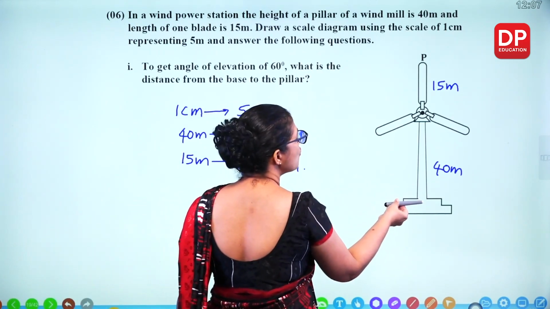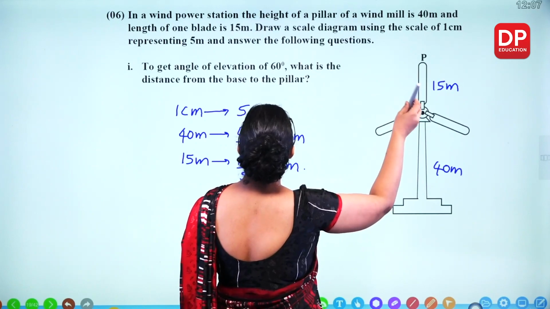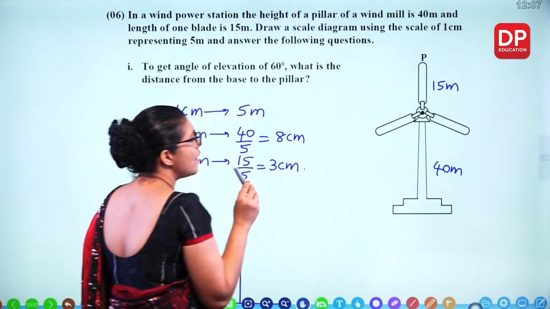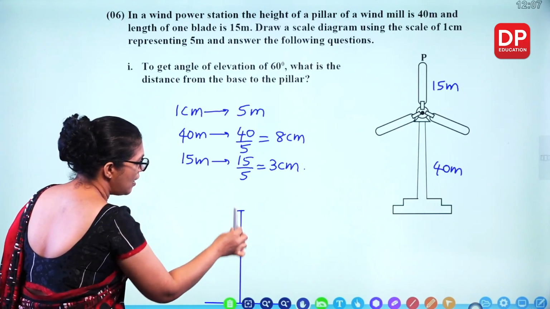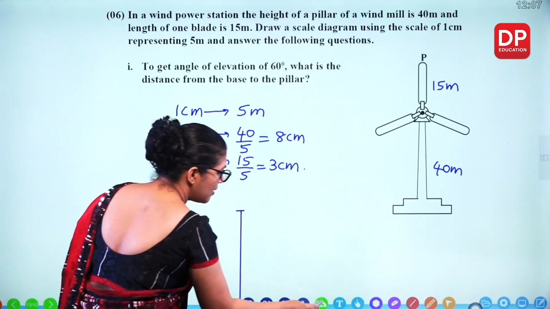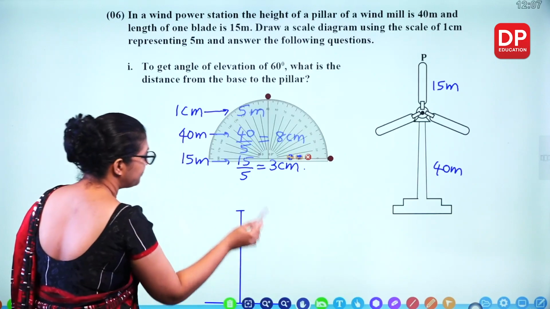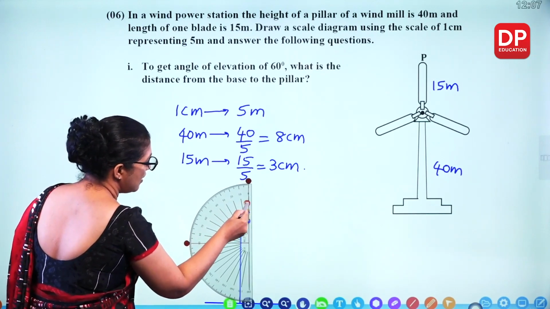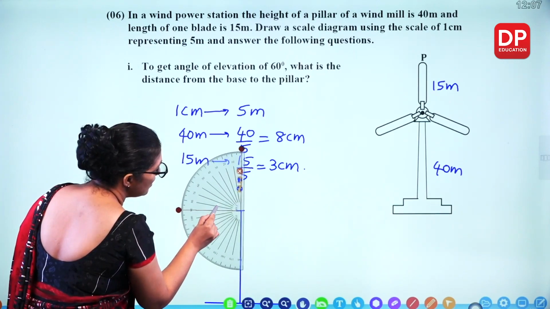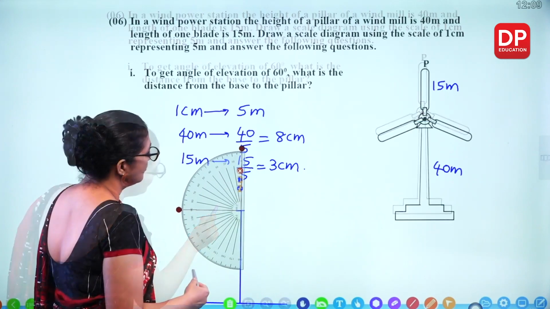Distance from the base to the pillar to get 60 degree angle of elevation. So here we can take the protractor and we can take this point.